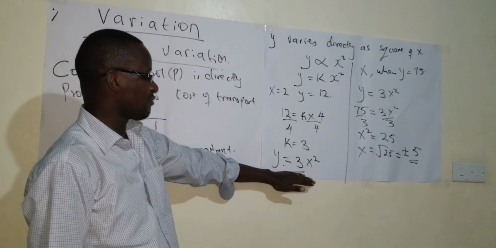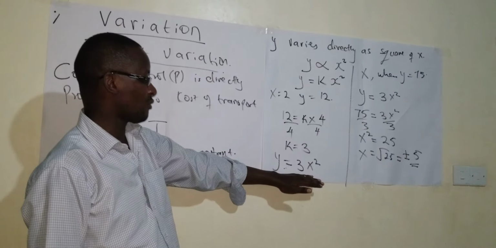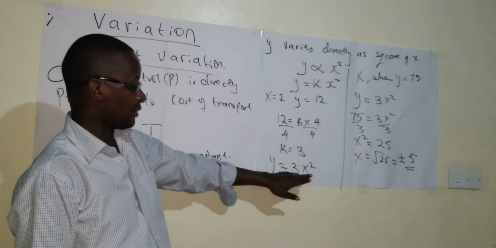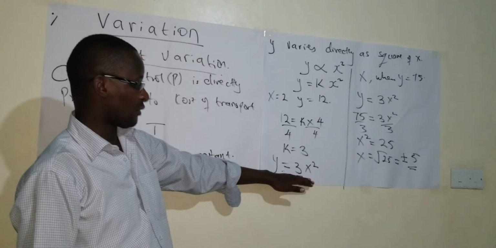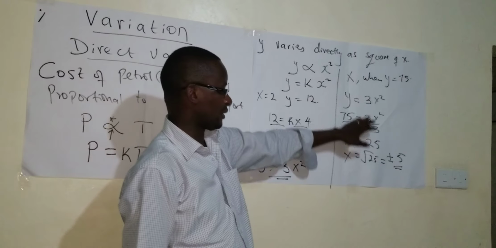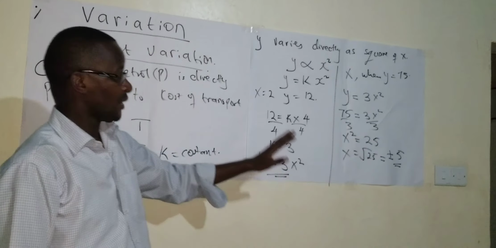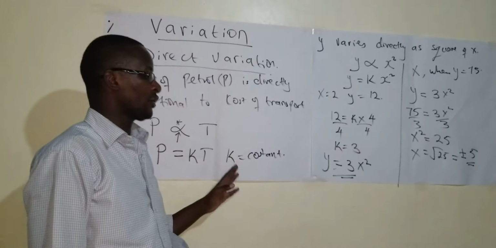And then you write the equation. This is a must-have. You must have this equation whereby you have substituted the constant k, whether you have been asked to write it or not. So that now you can use it to answer any further question that you have been given. So that's how you do it in direct proportion.